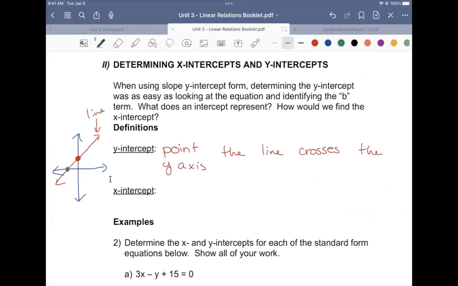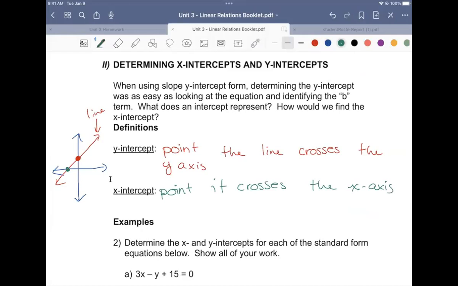Similarly, my x-intercept is the point it crosses the x-axis. If I can determine those 2 points from my standard form of a line, I can determine how the line is going to go.